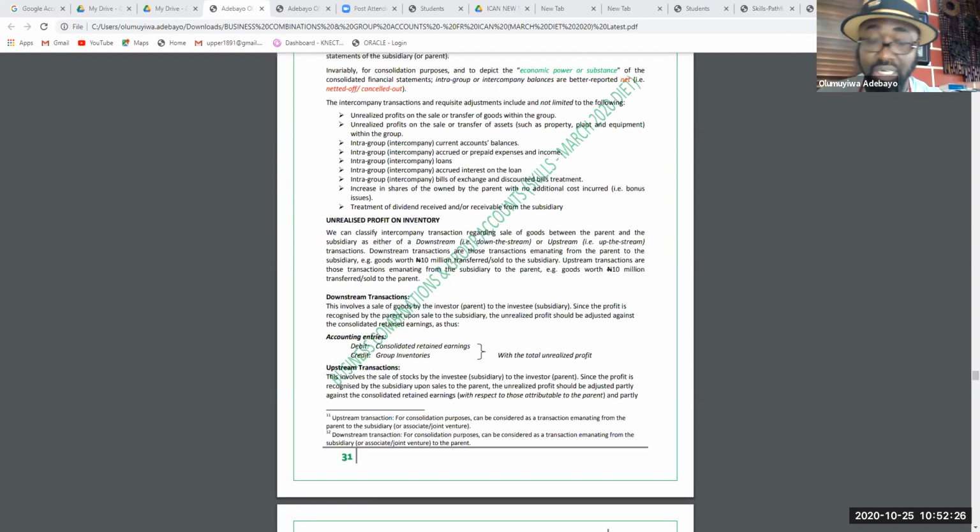Remember, that is why by expression, you will say markup is profit over cost, which is the same thing as P over C. Why margin, by our expression, is always considered as profit over.